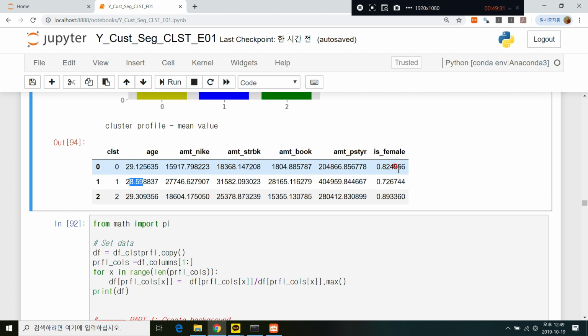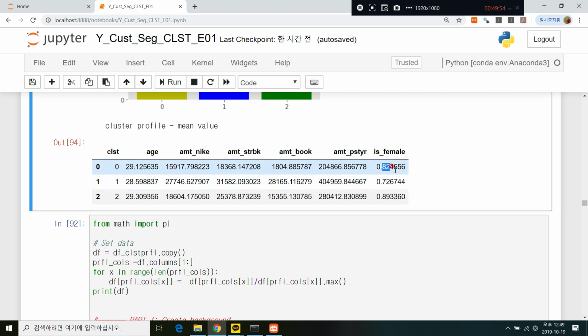Among the 3 clusters, for the female customer proportion, we coded 0 or 1 for each customer and then aggregated using the mean function. We got the proportion of female customers in each group.